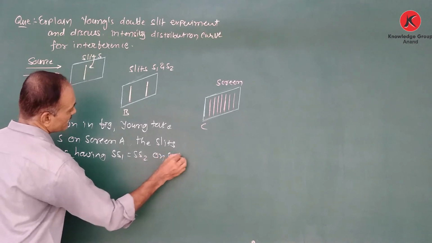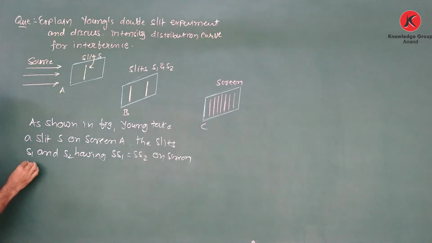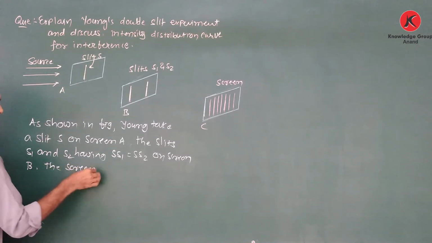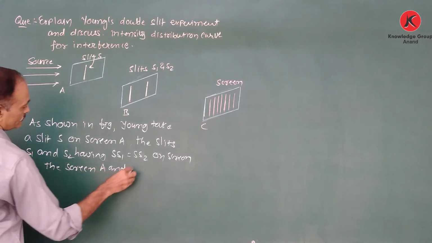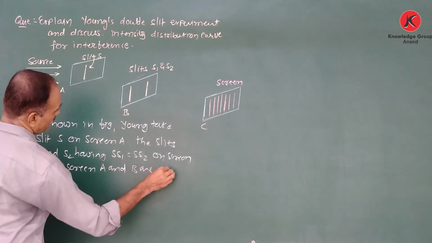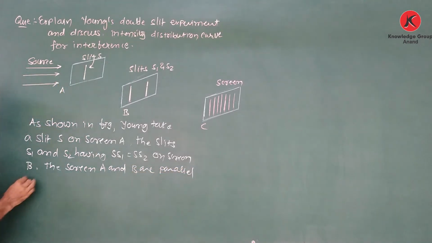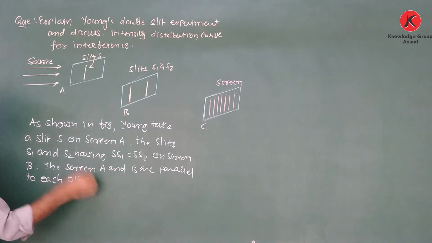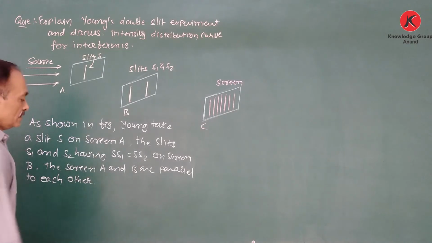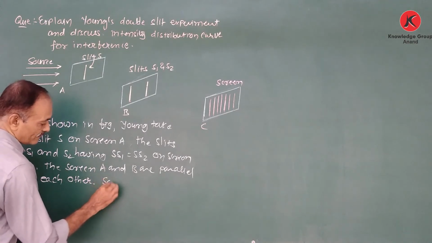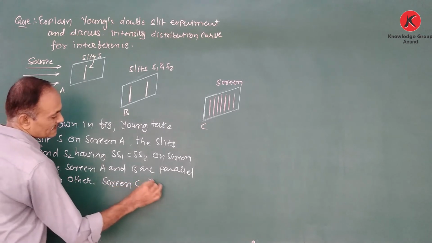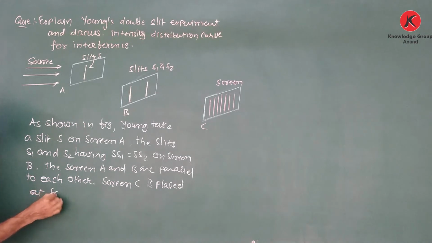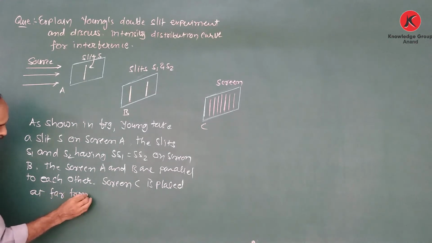The screens A and B are parallel to each other. The screen C is placed far from B.